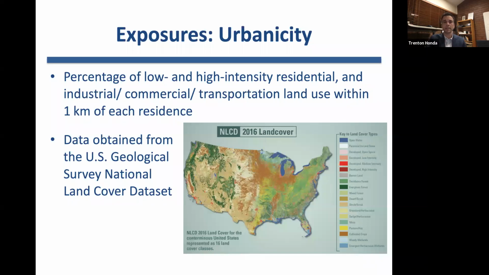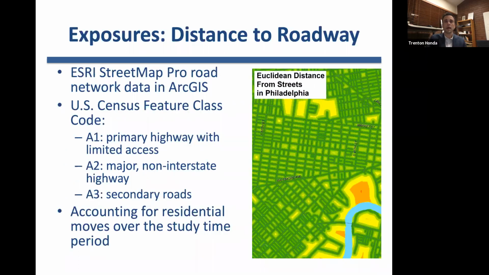We obtained these data from the US Geological Survey National Land Cover Dataset. For our distance to roadway exposure, we used the StreetMap Pro function in ArcGIS and looked at the distance to roadways A1, A2, and A3, which are larger roadways, smaller roadways, and then secondary roads, which were A3. And again, we accounted for residential moves over the study time period.